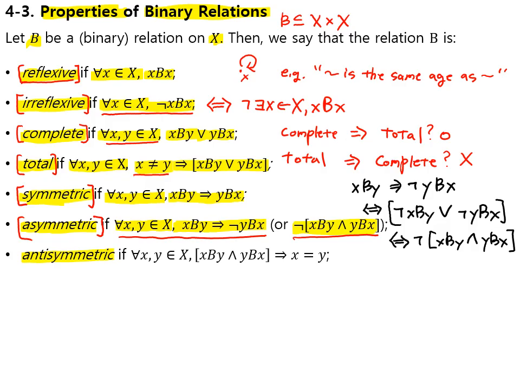Here is another related relation called anti-symmetry. According to anti-symmetry, it basically means that for all elements x and y, if x is related to y and y is related to x, then this implies that x and y are the same.